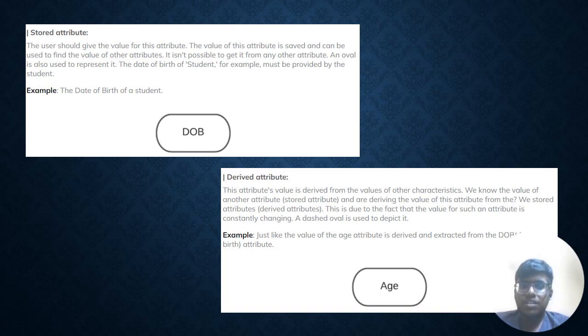We know the value of another attribute and derive the value of this attribute from it, so we don't store it. This is because the value for such an attribute is constantly changing. A dashed oval is used to depict it, just like the value of the age attribute is derived and extracted from the DOB, as age changes every year.